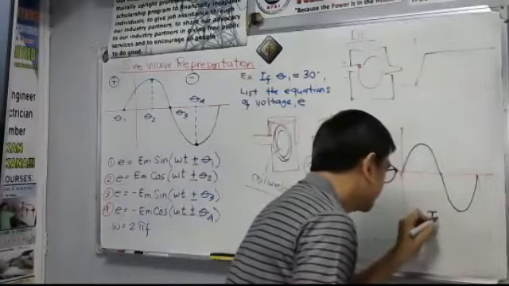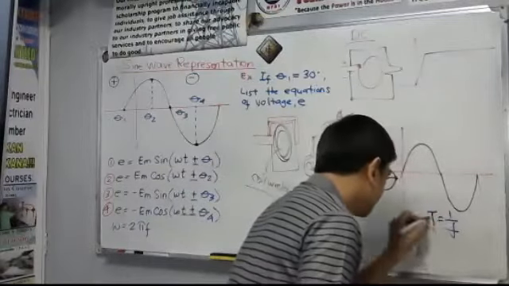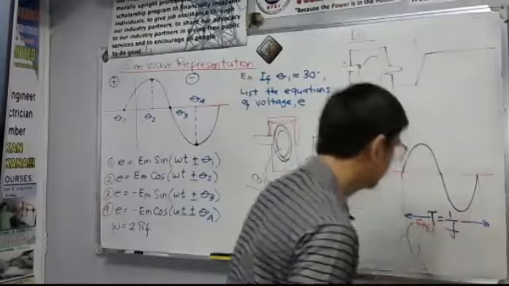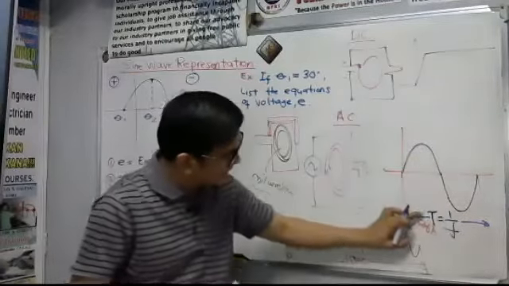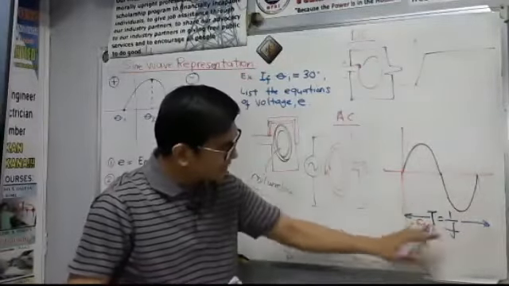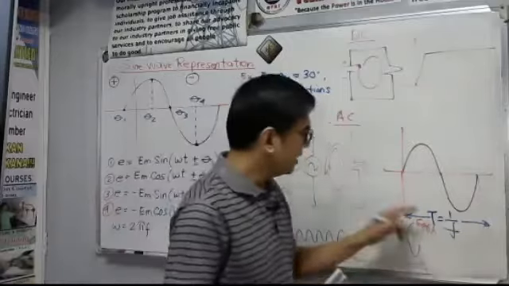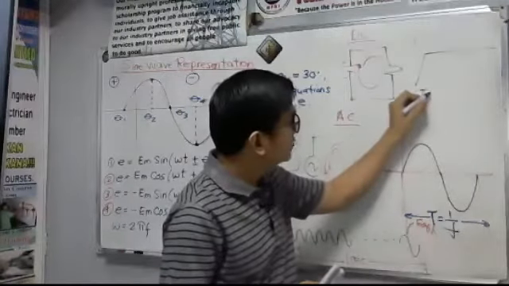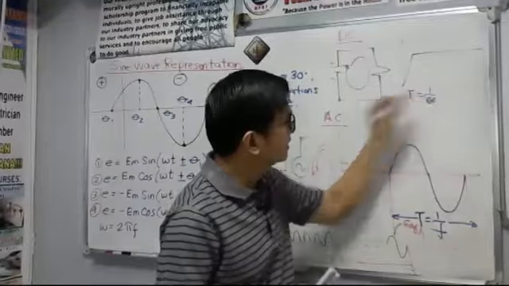The period T is simply equal to 1 over the frequency. Take a look here, guys. So, if we have a period T, we have here 1 over 60.